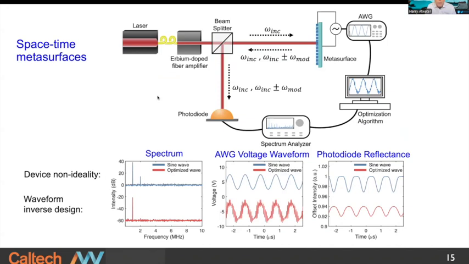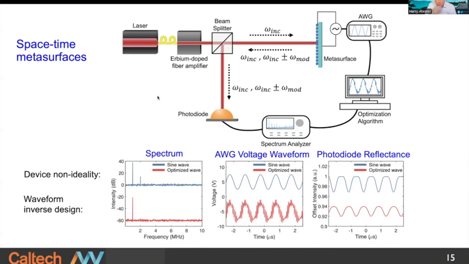And we record now the reflected wavefront from the metasurface onto a photodiode, and we analyze not only its position, but its spectrum. In addition, the spectrum analyzer can be fed back to the arbitrary waveform generator with an optimization algorithm.